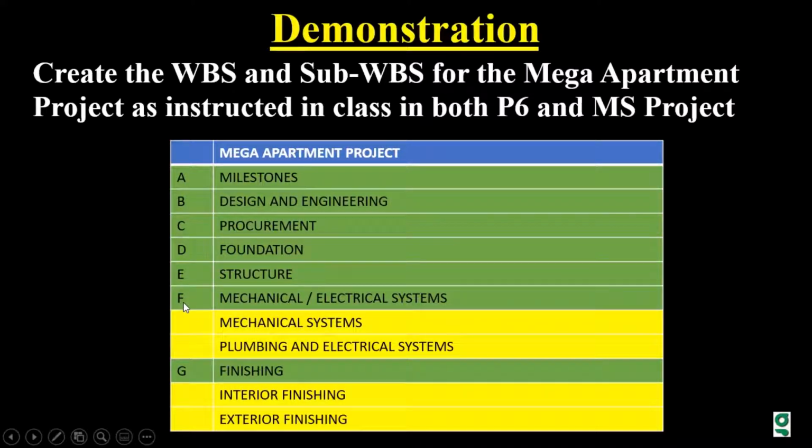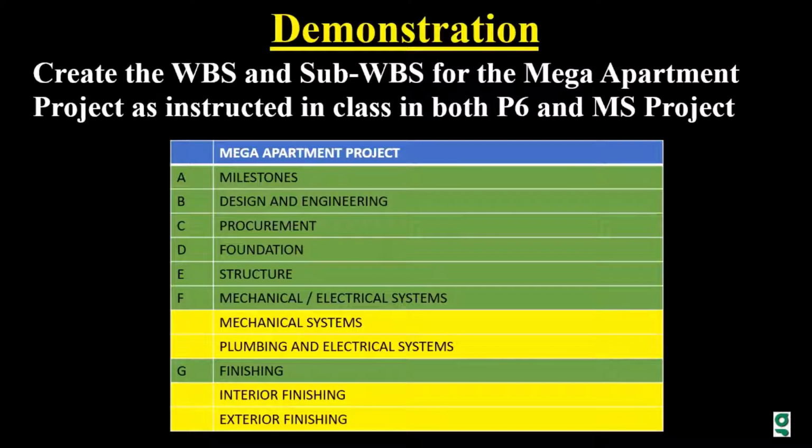But if you look at F and G, you will find out that they are also broken down into smaller units. Those we call sub-WBSs. It simply means that the WBSs involved are so large that we need to break them further into smaller manageable units. And you're going to see how that plays out shortly.